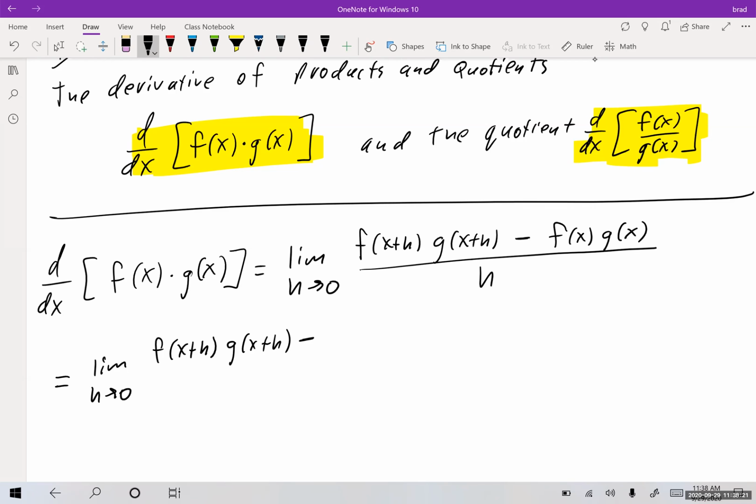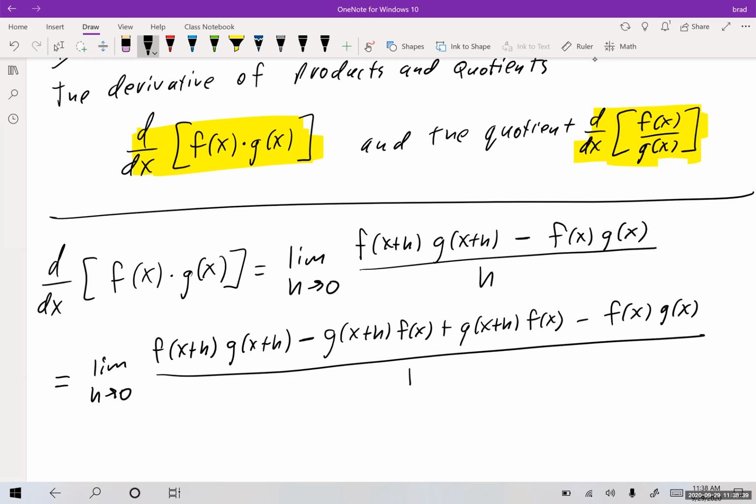And then we're going to subtract off g of x plus h times f of x, and then we're going to add g of x plus h times f of x, okay, and then minus f of x g of x, and all of this is still over h.